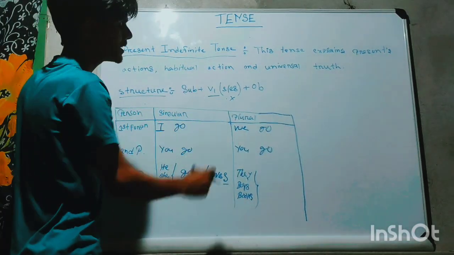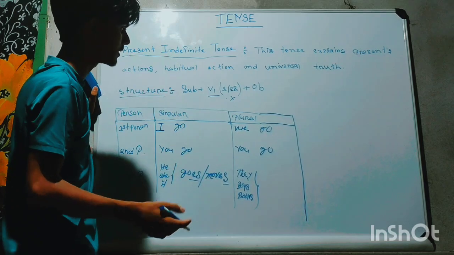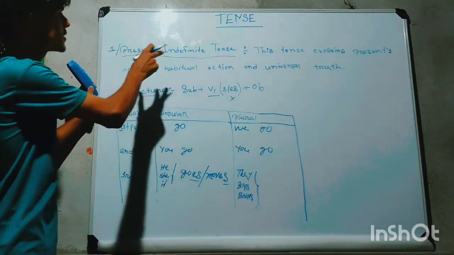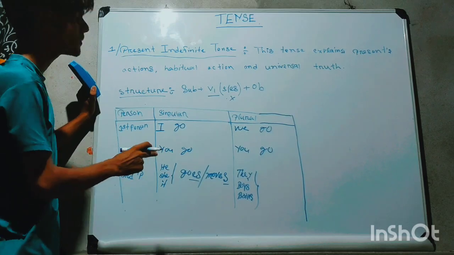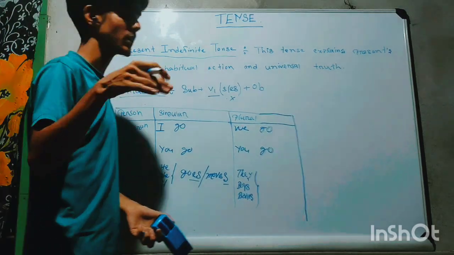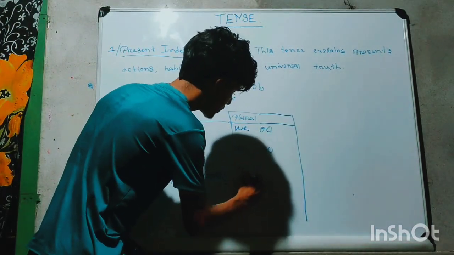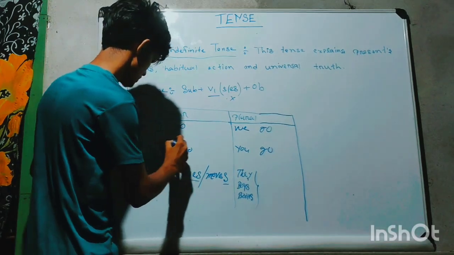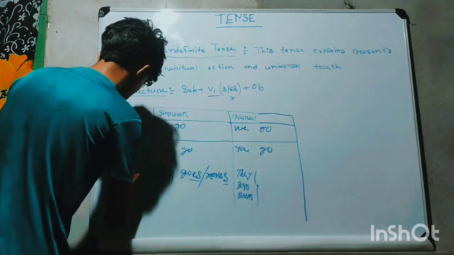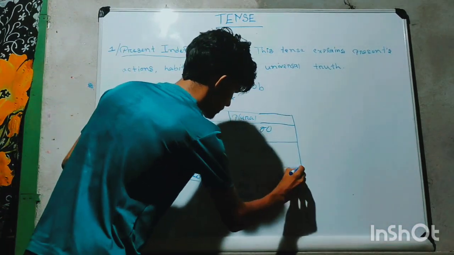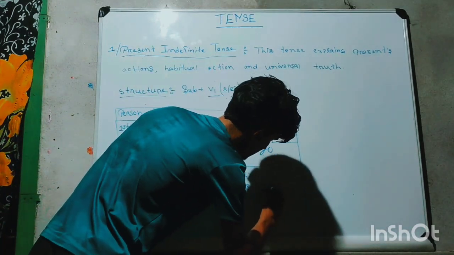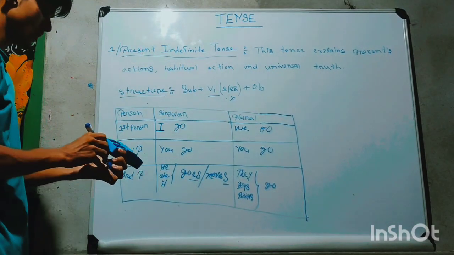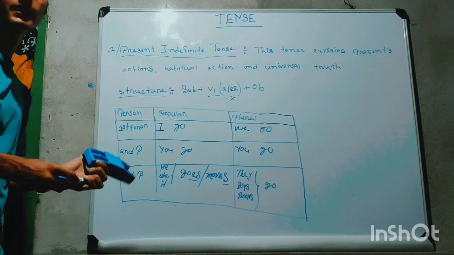We use s/es as per the sentence requirement. If the sentence is present indefinite tense and falls under third person singular number, we use s/es as per the requirement. And in third person plural number, we do not use s/es. We only use verb 1. So, they go. This is our present indefinite tense.